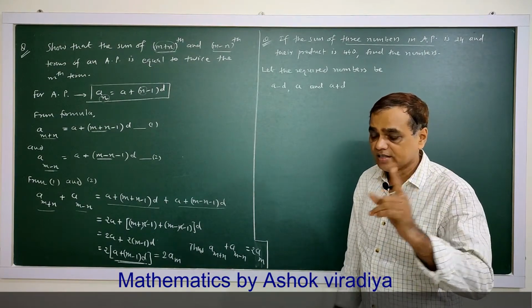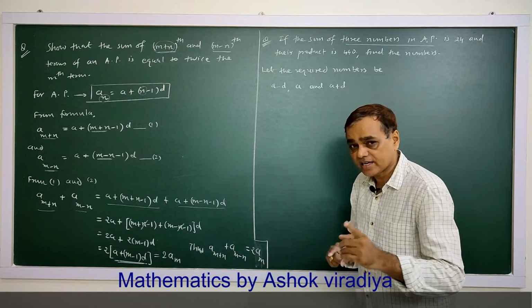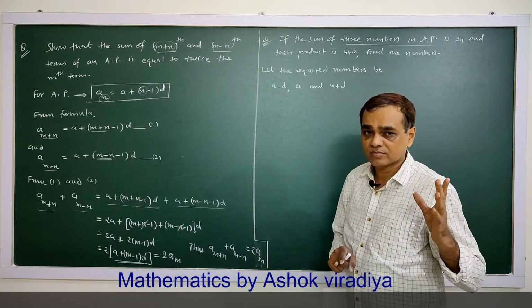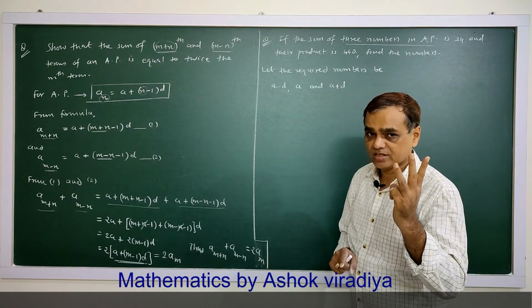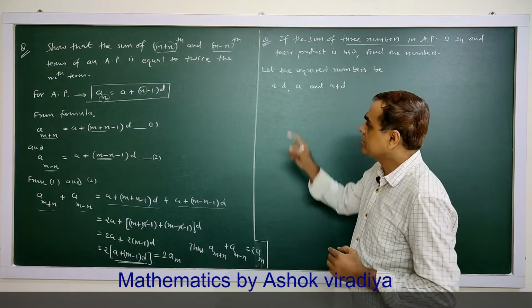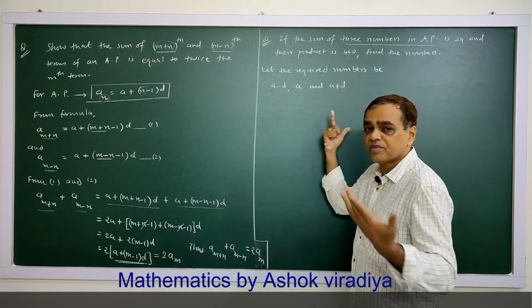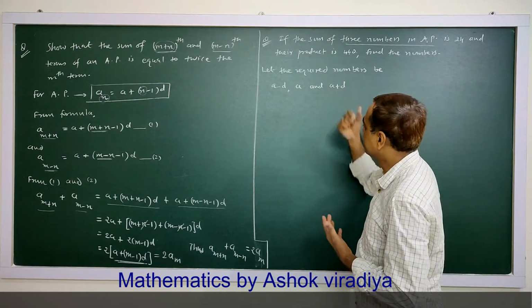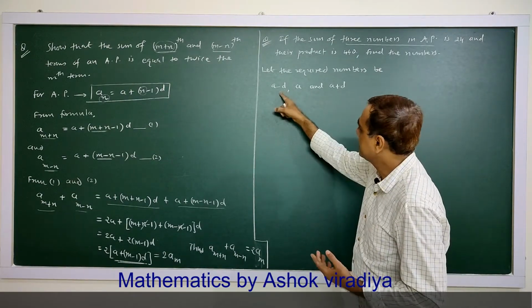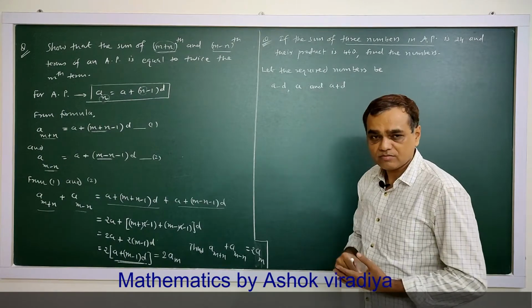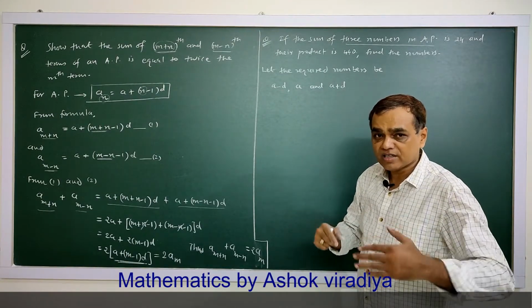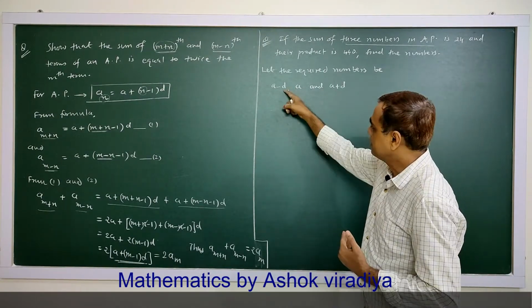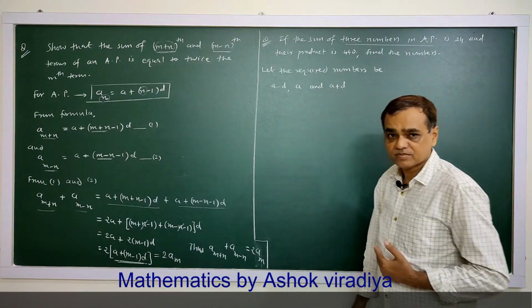Small a in this calculation is not taken as the first term. For any three terms in AP, the order of these terms can be any numbers. This can be the 20th, 21st, 22nd term. This can be the 11th, 12th, 13th term.